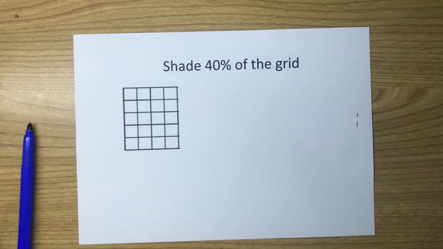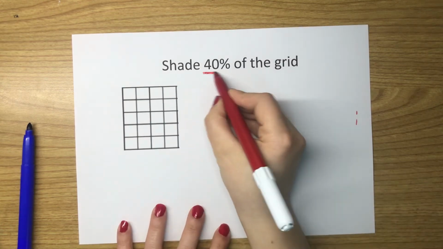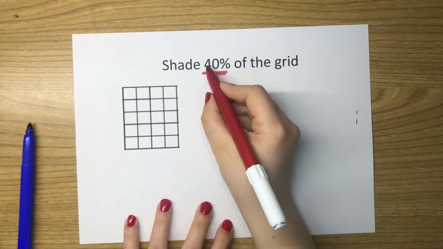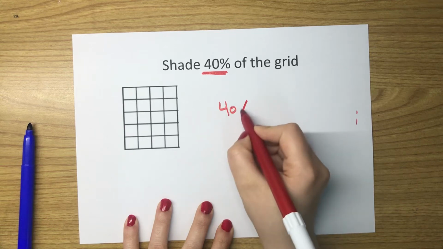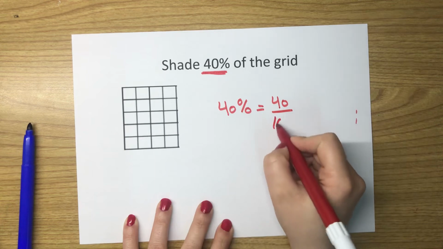Okay. For this example, we are going to use fractions to shade 40% of this grid. This grid is not a 100 grid. Okay, guys? Now, 40% is going to be changed into what? Into a fraction. 40% actually equals 40 over what? 100.